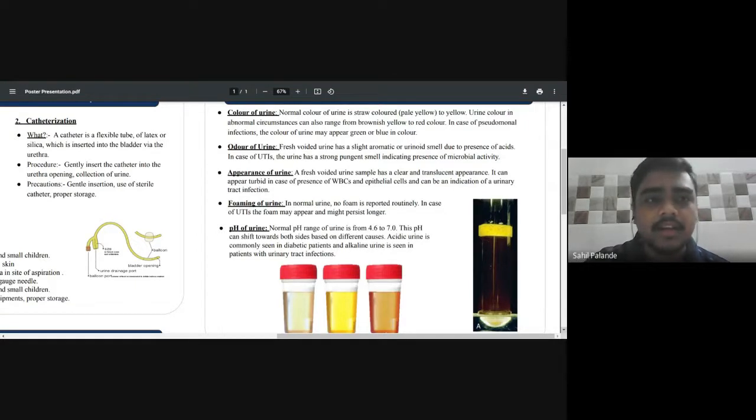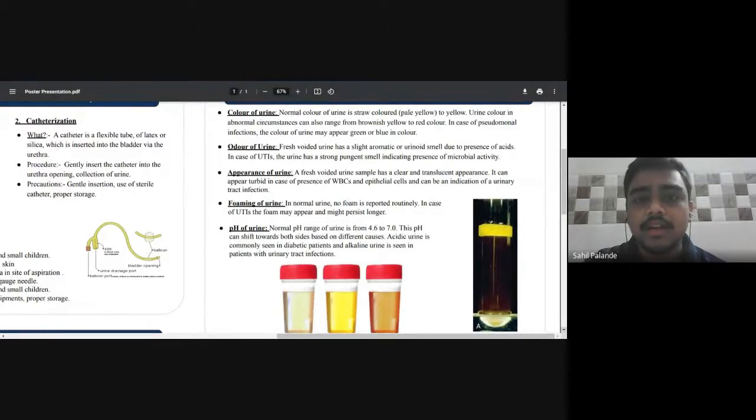For example, red color urine could be due to RBCs present in the blood, or also could be the heavy consumption of beetroot. Another example would be white color due to WBCs present in the urine, and also a bluish green color that could be due to some pseudomonal infections, or maybe due to consumption of drugs such as amphotericin, which is used as an antidepressant by the patient.